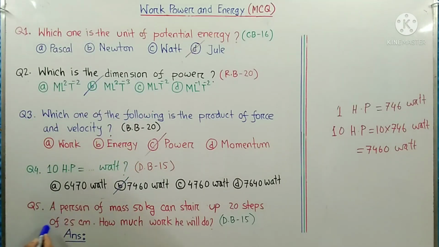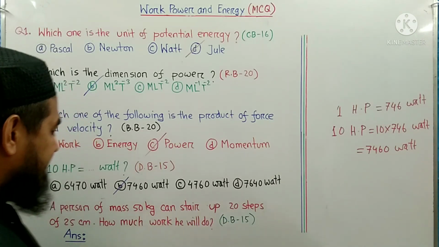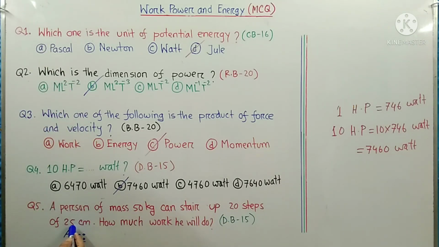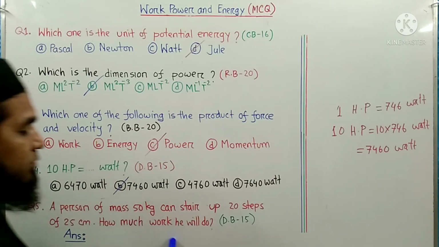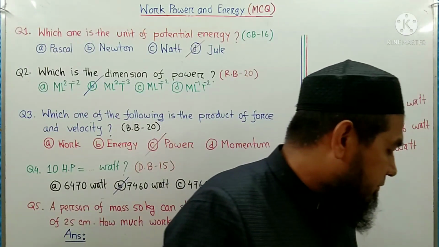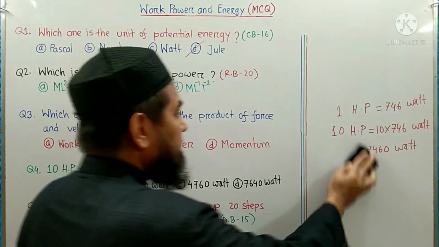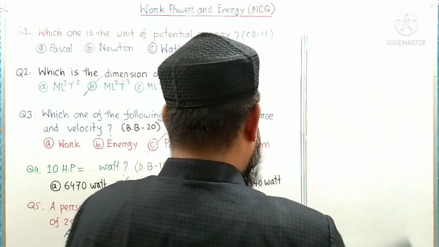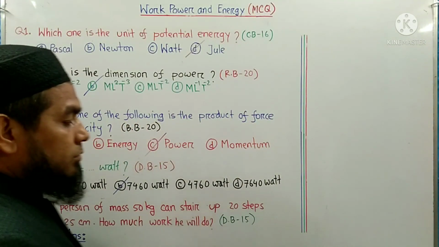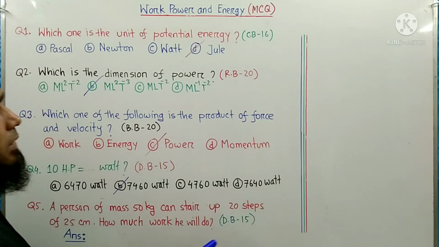Next one, a person of mass 50 kg can climb up 20 steps of 25 centimeter. How much work will he do? So this is a board question, Dhaka Board 15.